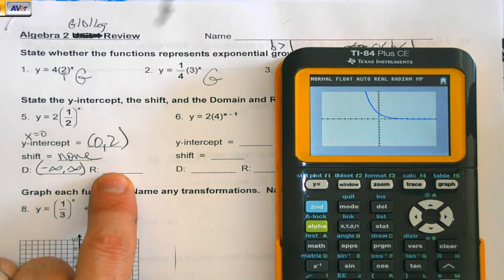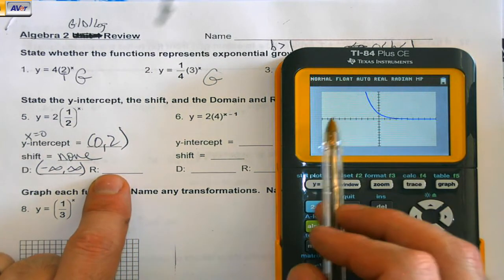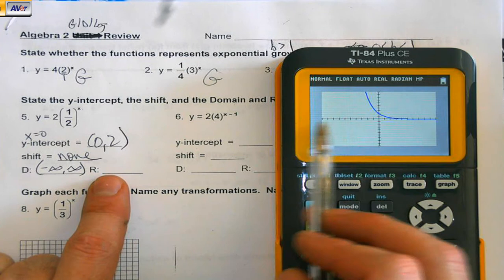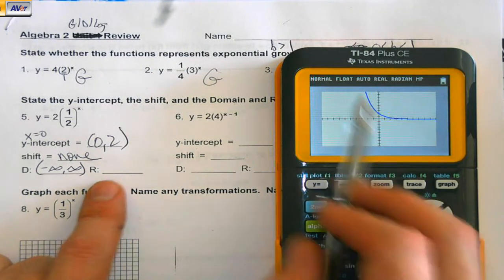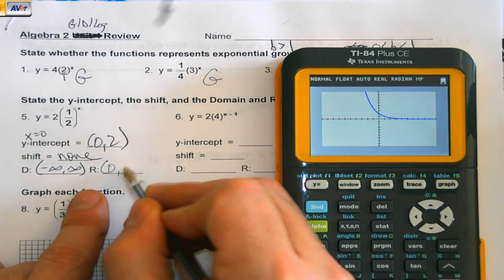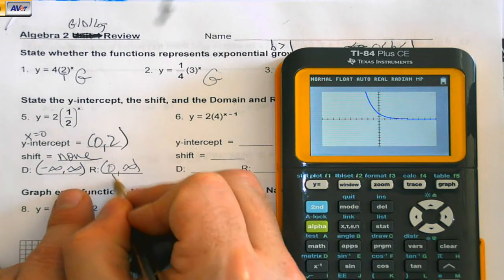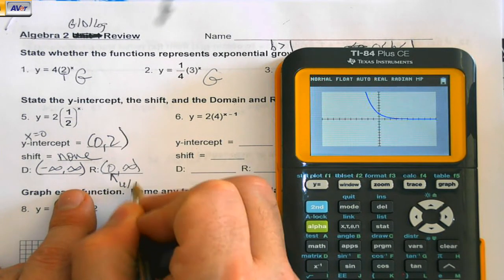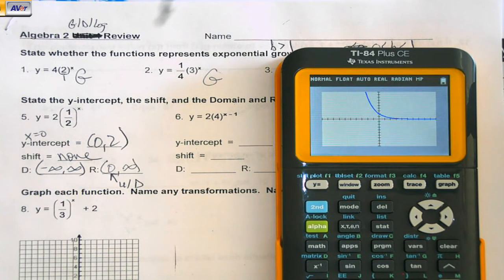My range, though, will always be from 0 to infinity, unless there is an up or a down shift. If there is, it moves with it. And we'll see that in one of the upcoming examples.